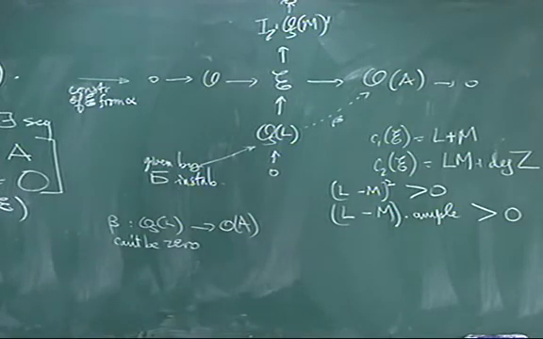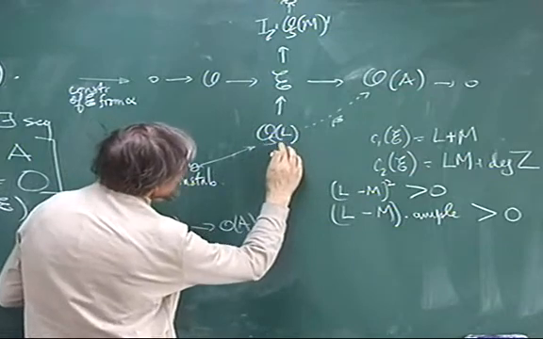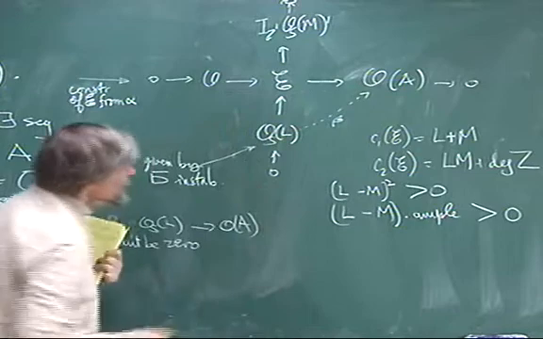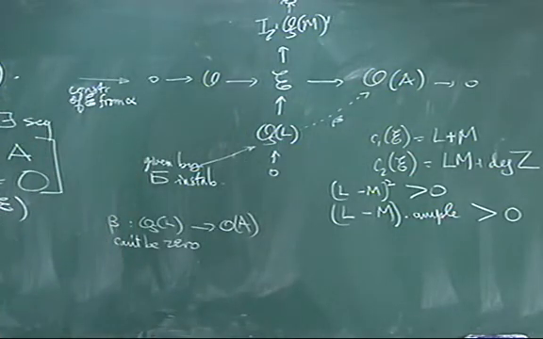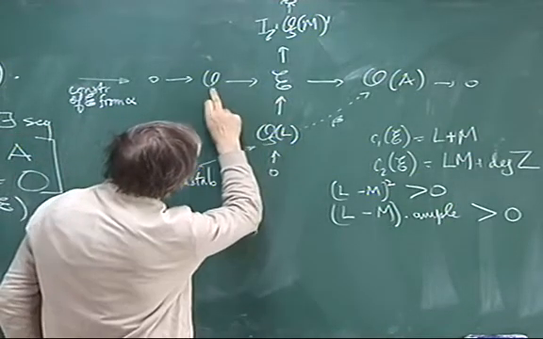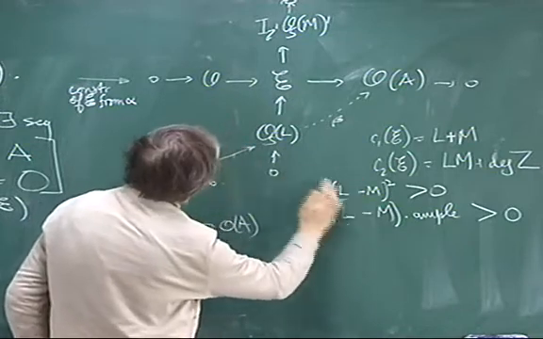Because if it was 0, then that would mean that this thing here is mapping into the kernel of that map, and the kernel of that map is E. And so if this were happening, then this would just contradict these statements here.